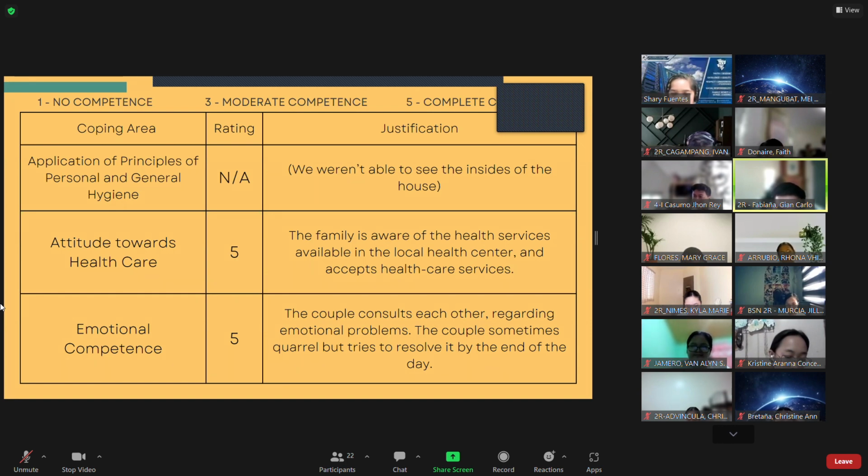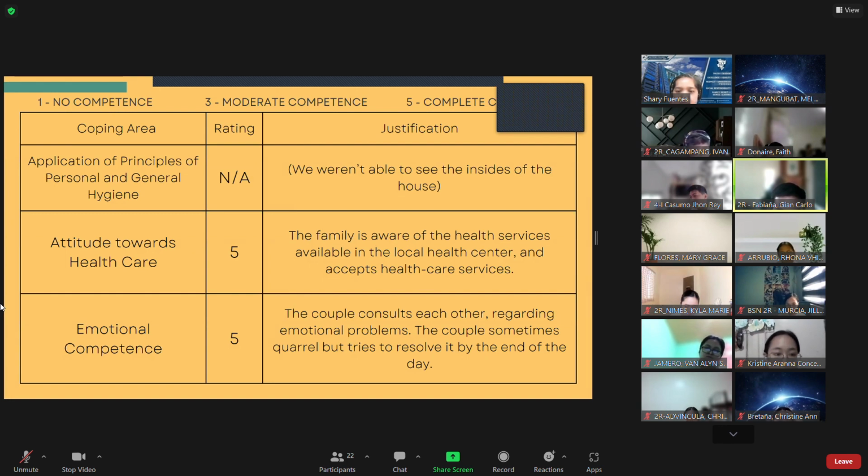Next is the attitude towards self-care. We rated it 5, or complete competence, justified as the family is aware of the health services available in the local health center and accepts healthcare services.